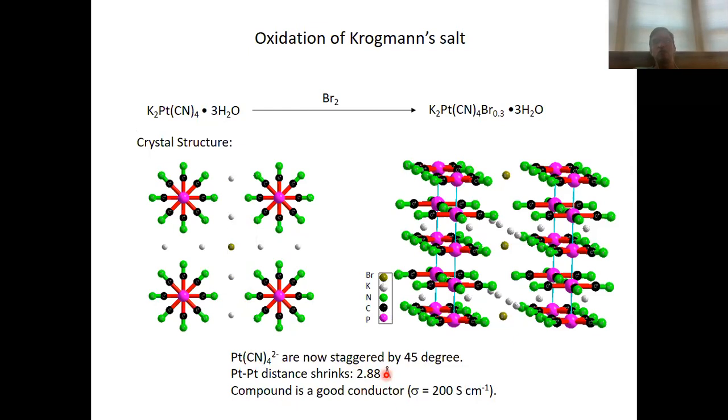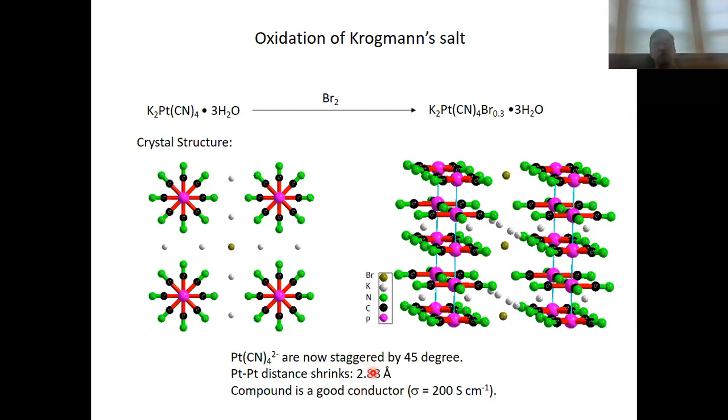Okay, so now this suggests that there may really be significant platinum-platinum interactions now, because there is the correlation between bond length and bond strength. The shorter the bond, the stronger the bond. Now we have a significantly shorter bond, and that means that the platinum-platinum bonds must be significantly stronger now.